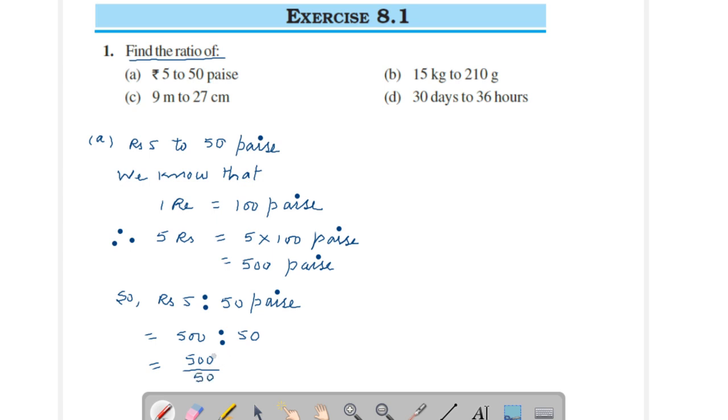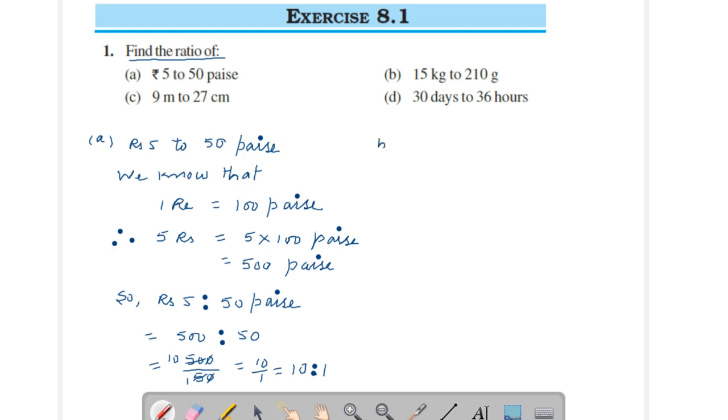Simplify it. 0 and 0 cancel. 5 1s are 5, 5 10s are 50. We will get 10 upon 1, that is 10 ratio 1. This is your answer.